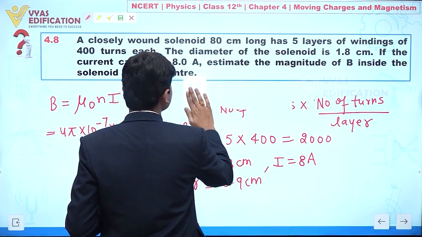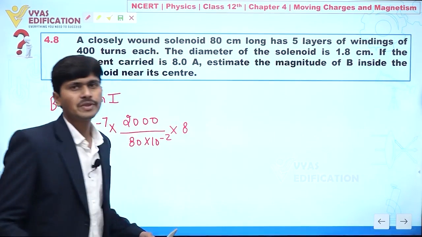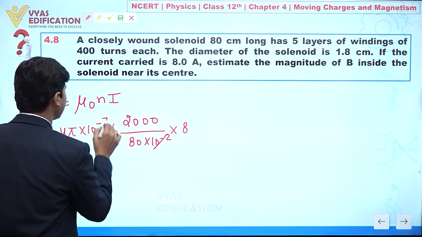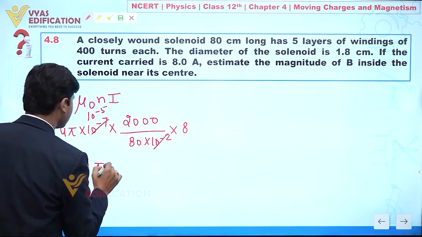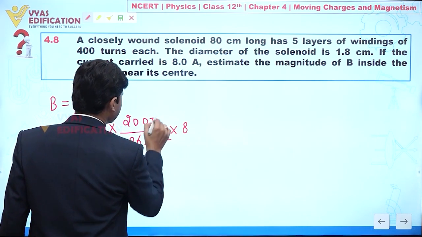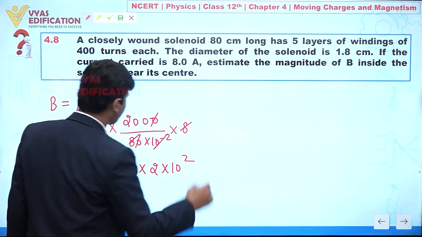Now you can say, sir, there is no use of the diameter. Yes, we do not have any use of the diameter here. So we get 4 pi into 10 to the power minus 5, and this cancels out, 8 also cancels out, so 2 into 10 to the power 2.